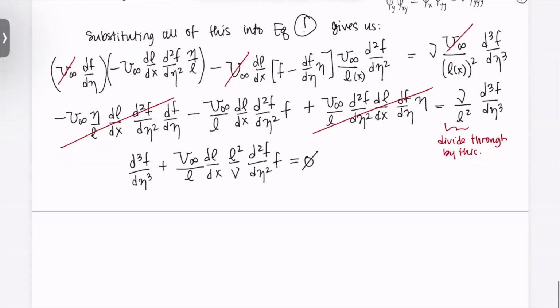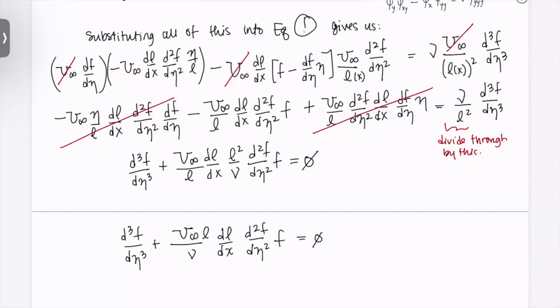So this simplifies to the third derivative of f with respect to eta plus u infinity times L over nu dl dx, second derivative of f with respect to eta times f, which is equal to 0.